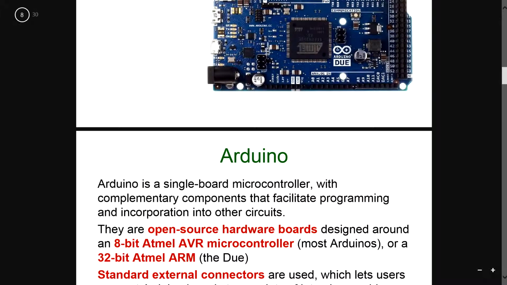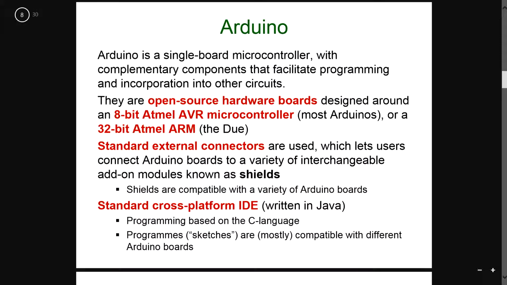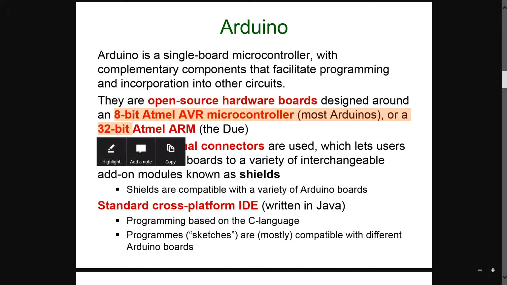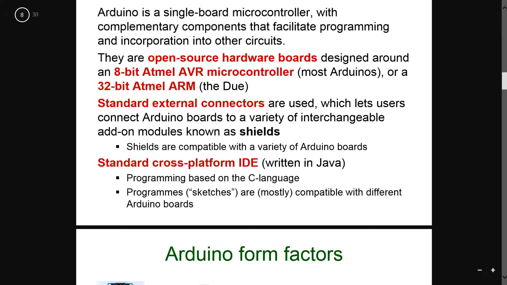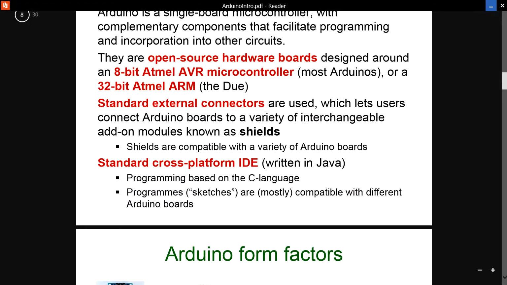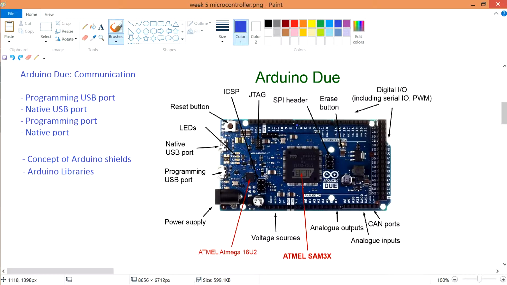These are just simple stuff. We know that it's 8-bit and 32-bit, and things like that. Okay, I'm still talking about the Arduino itself. The Arduino has standard external connectors that will connect to shields like the JTAG I showed just now. These are all different pins, like the SPI header and JTAG.